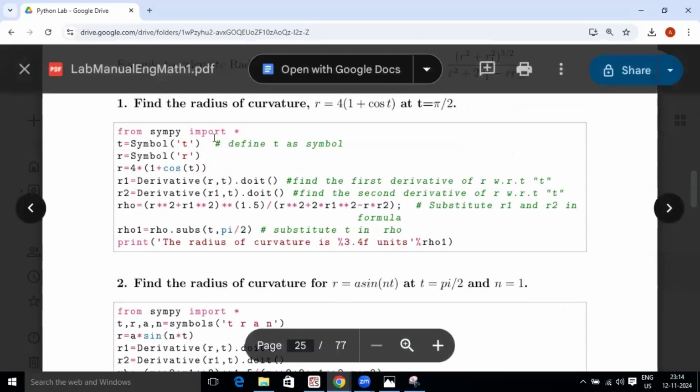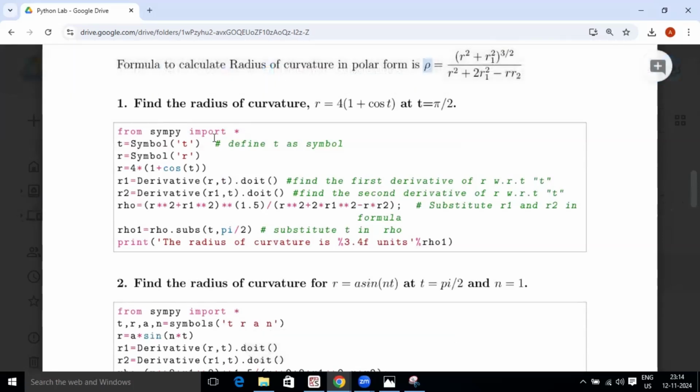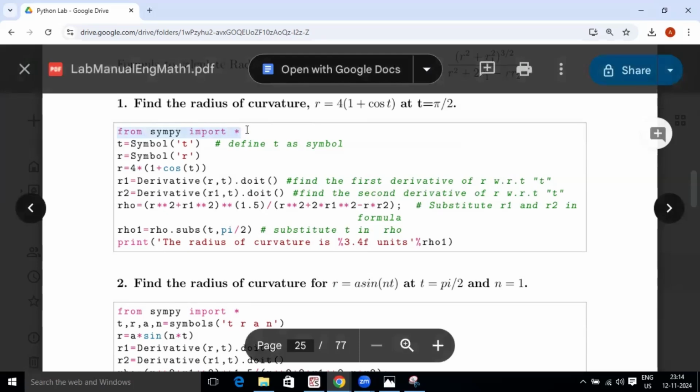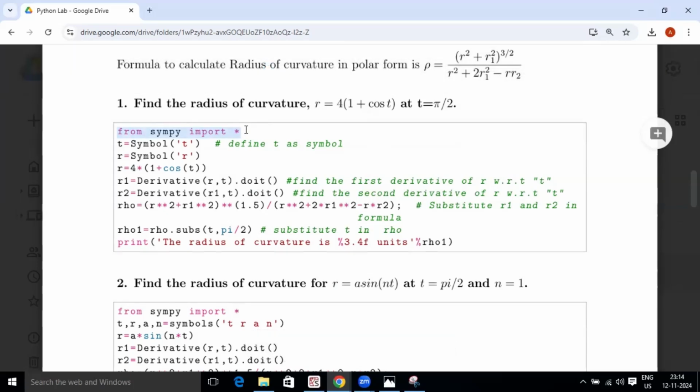And coming to the program, the first line, as usual, imports the sympy library, which is a Python library for symbolic mathematics, and it allows us to work with symbolic expressions and perform symbolic computations.